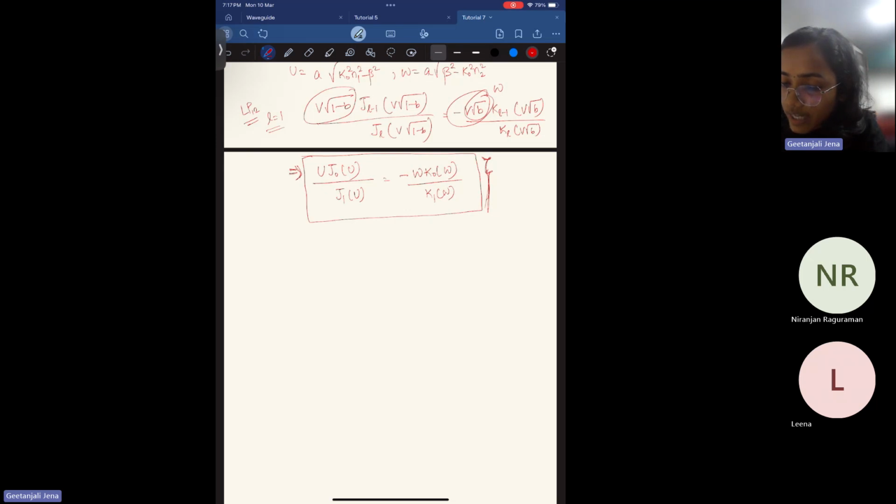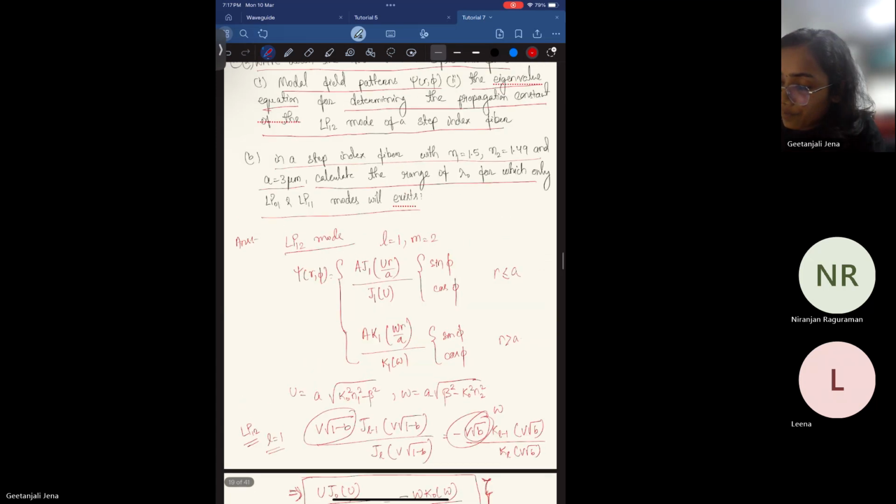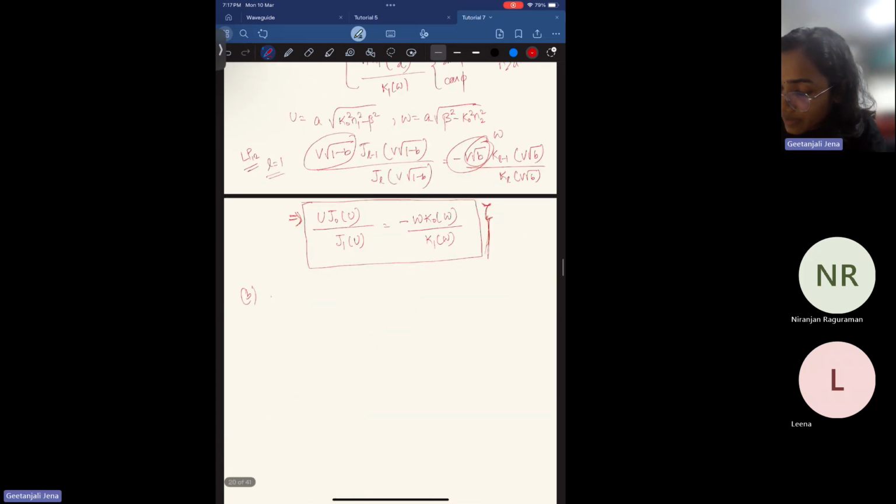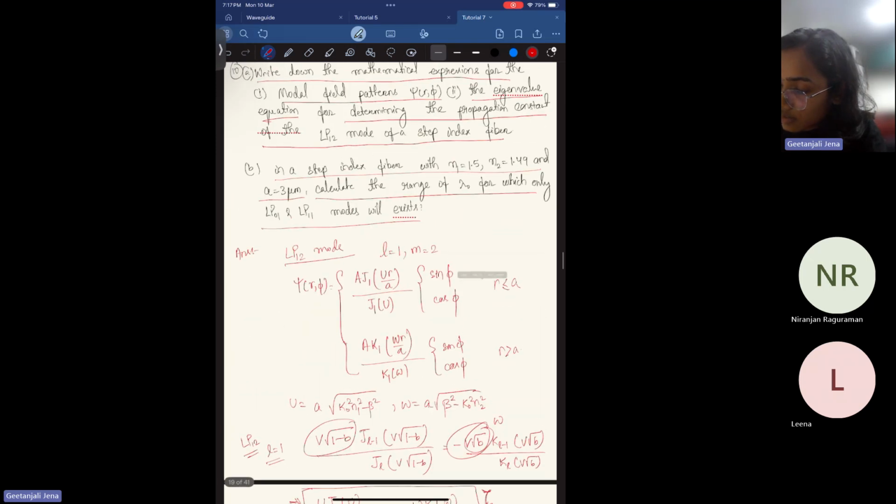So let me give you the parameters: N1 is 1.5, N2 is 1.49, and A is 3 micrometer.